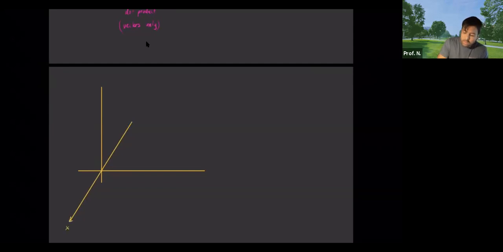So we've got X, we've got Y, we've got Z. And we have some vector out here, and we have another vector out here. I'm going to call this V, and I'm going to call this W.